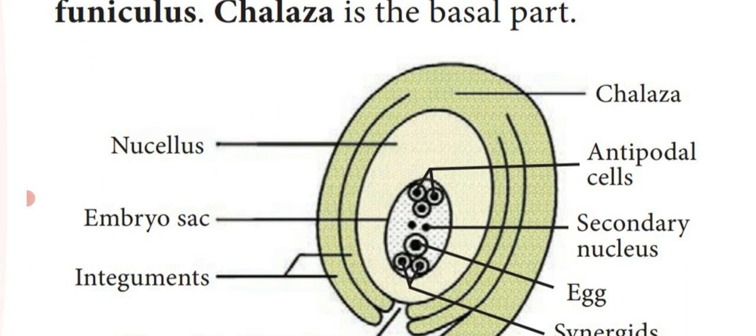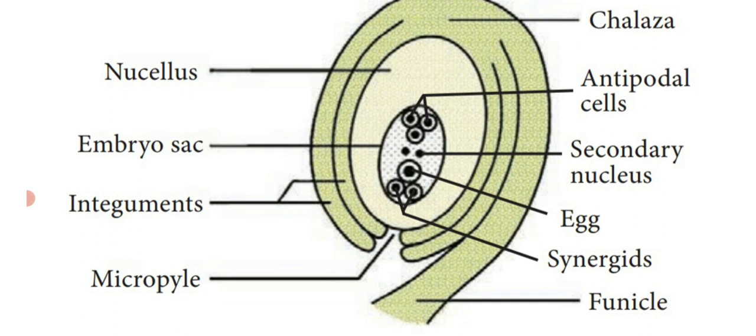So what is the nucellus? The nucellus is the important region which gives food material or nourishment to the growing embryo. See, at the center, the oval-shaped structure is known as the nucellus.